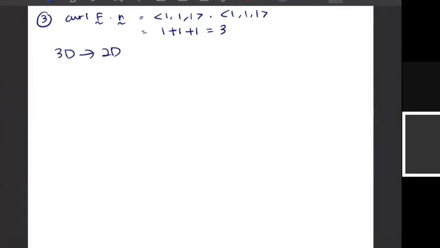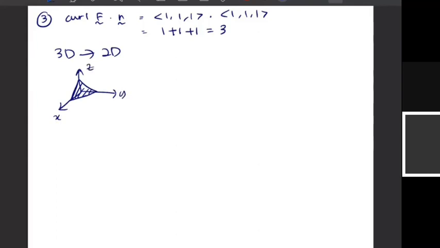And then look at the table, we choose this formula for N. N equals negative dz over dx, negative dz over dy, 1. Okay, differentiate this one with respect to x. So equal to 1, 1, 1. Okay, same. So the normal vector for this surface equals 1, 1, 1.